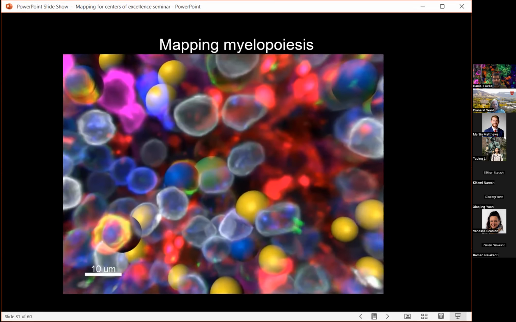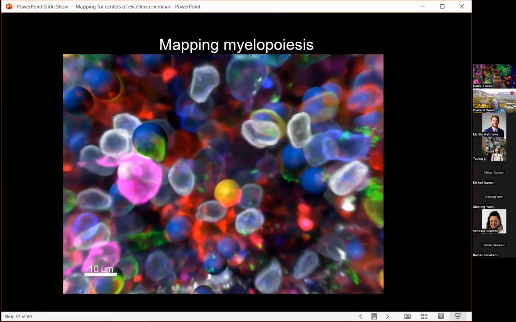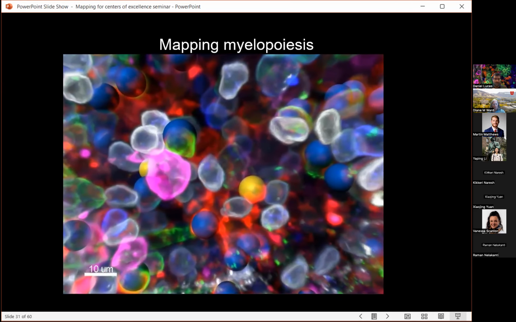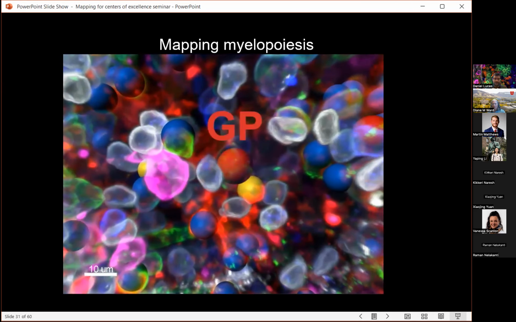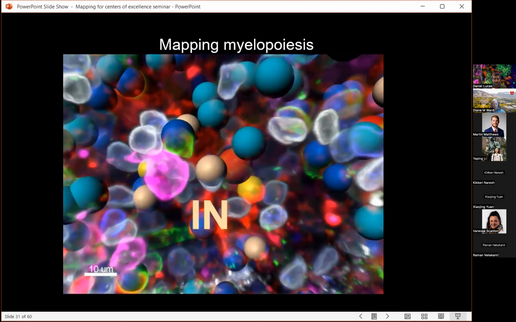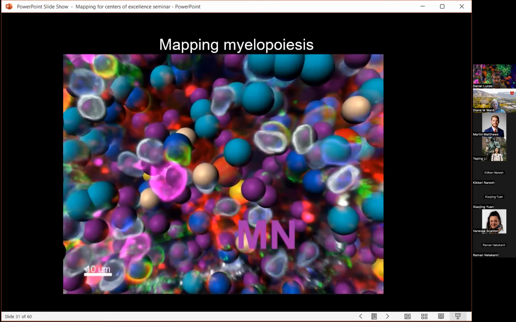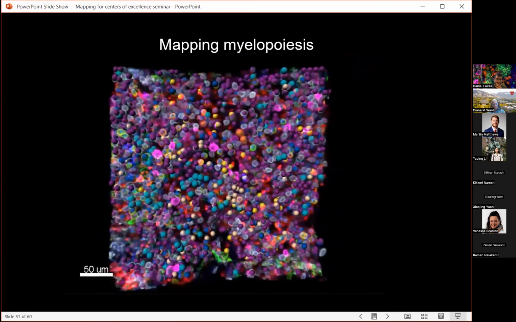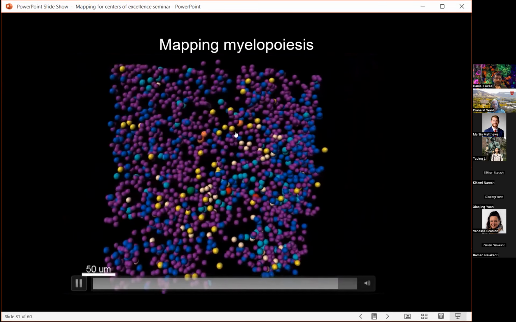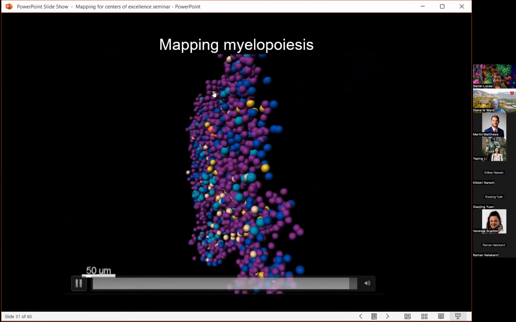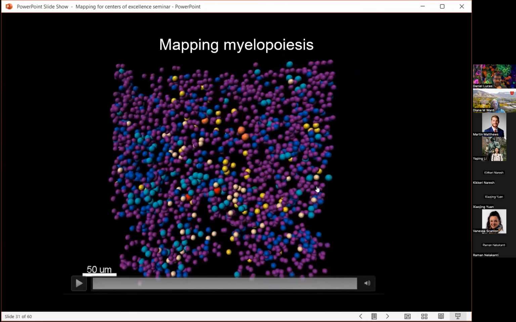Historically, we were doing these annotations by hand, but we are moving more and more into using segmentation software and AI, although this is not yet fully developed in the marrow. And eventually what you're going to have is a map showing the location of every cell of interest in the marrow.